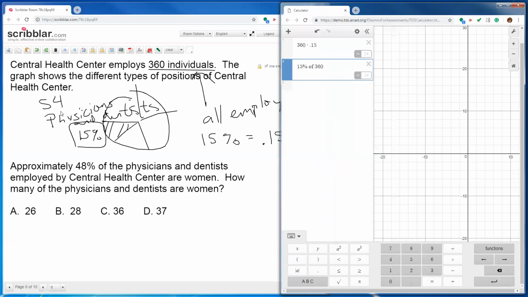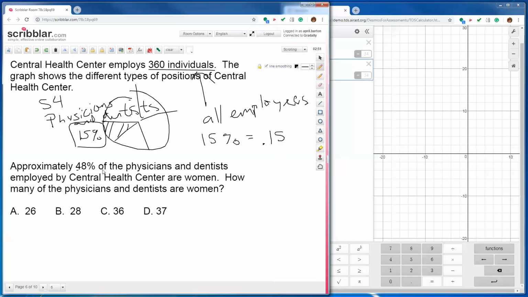So now we take the 54 because we want to know 48% of physicians and dentists. So what do we do to the 48% before we can put it into the calculator? Turn it into a decimal also. And what's that decimal? It'd be 0.48.